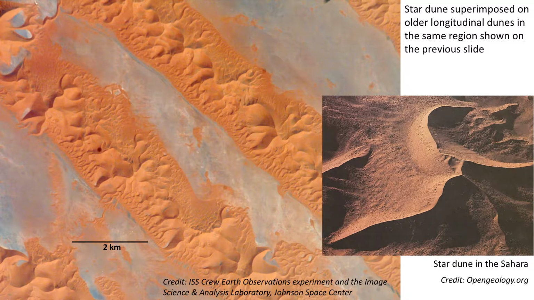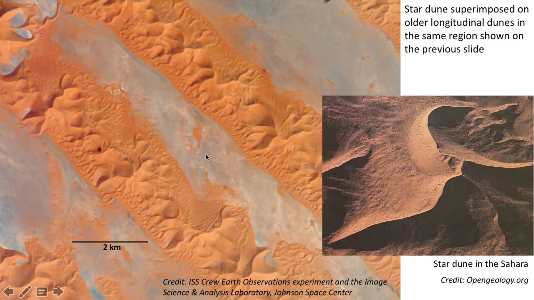And these are some really gorgeous examples of star dunes superimposed on some older longitudinal dunes in the same region shown in the previous slide. So again, you can see that maybe once in the past the winds were such that there were winds almost parallel to this direction, and there were two different wind directions a year, and so you got these longitudinal dunes forming.